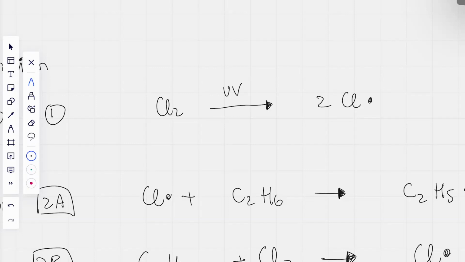If you have 1 million Cl2, you might end up with only 200 Cl radicals. How about the other 999,900 Cl2 molecules?